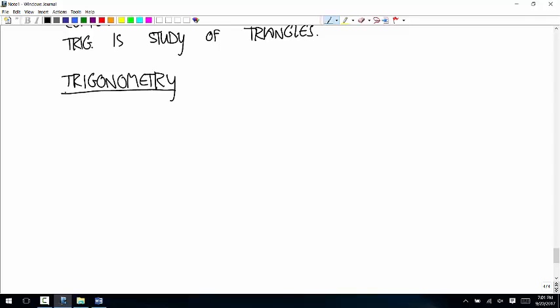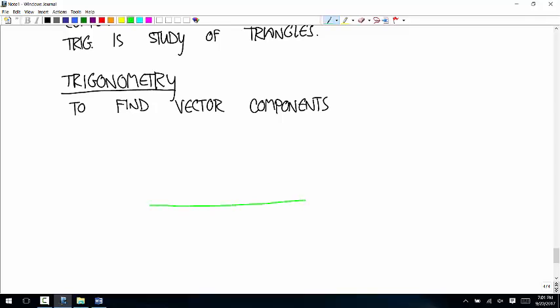Okay, so to find the vector components, first, put the tail of the vector at the origin of the coordinate system. So let's say this time the vector is over here.